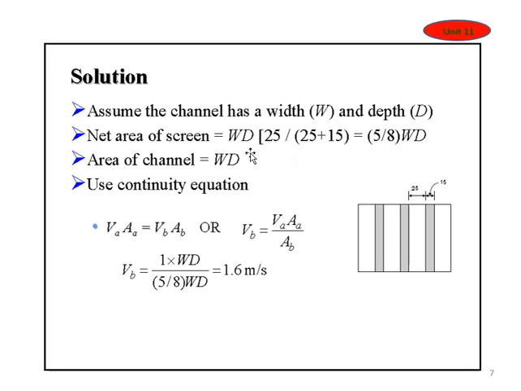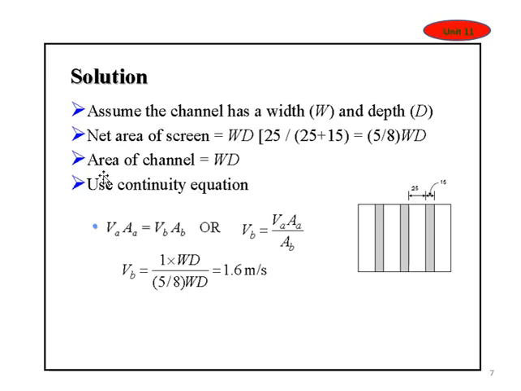If we want to know how much is the area of the opening, we can multiply with this ratio, that is, 25 divided by this total width, then we can find out the area of the opening. So within the total area, how much is the opening, I can find out with this relationship.